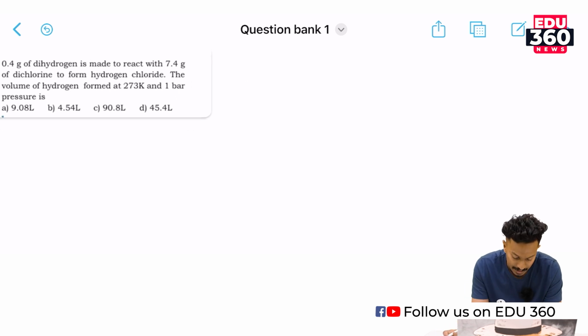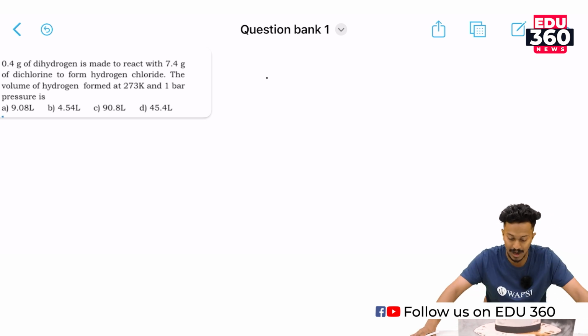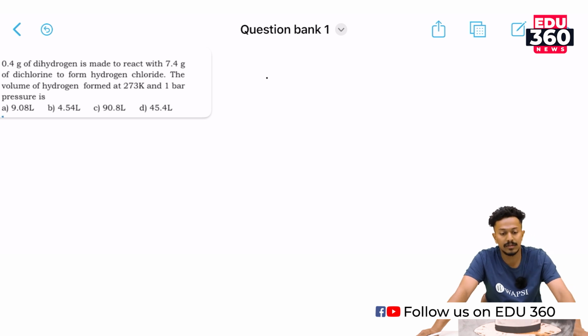Here we have 0.4 gram of dihydrogen made to react with 7.4 gram of dichlorine to form hydrogen chloride. The volume of hydrogen chloride formed at 273 Kelvin and 1 bar pressure is? Okay, this is our question.